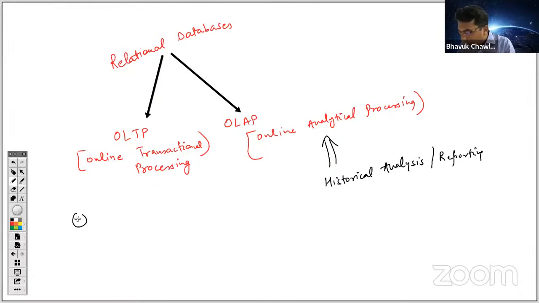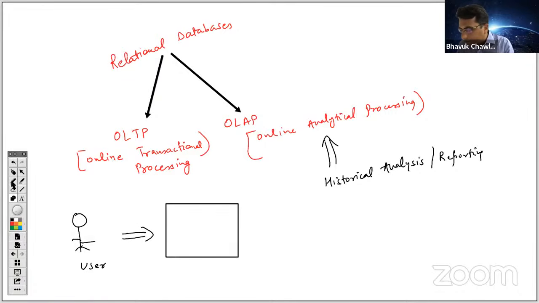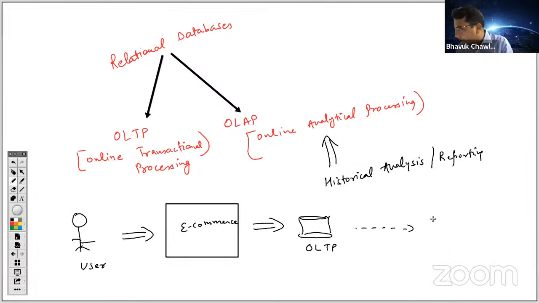So how the process works: let's say this is a user and this user is placing an order on an e-commerce website, say Amazon. The order gets placed, and then this goes into the OLTP database. Then there is a process running which moves data into OLAP.